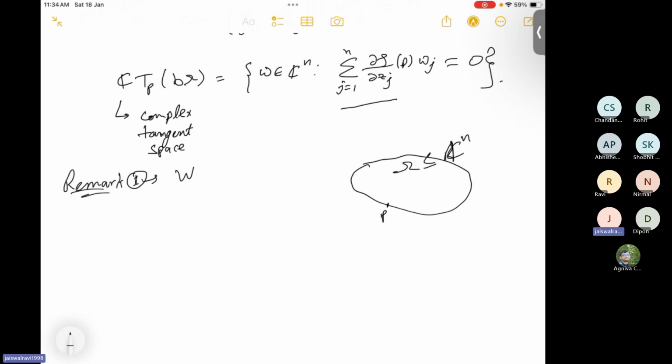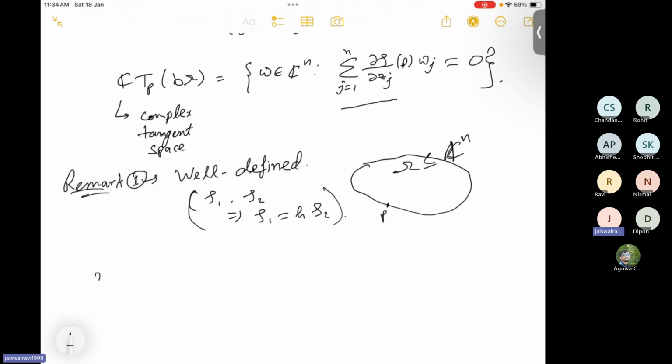You can check that this is well defined, meaning if you take another defining function, you will also get the same complex tangent space. You have to use this fact: if rho1 and rho2 are two defining functions, then you can write rho1 as h times rho2, and then you can check the well-definedness.